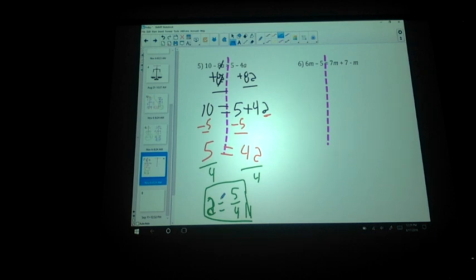Okay? I think I'll look at number 6. Before we start moving things back and forth, is there anything that's happening on the right side of the problem? Yeah, there's 7m plus 7 minus 10m. Right, so those are like terms. I'm going to go ahead and combine those first. 7m subtract that is going to be negative 6m, and then plus 7.